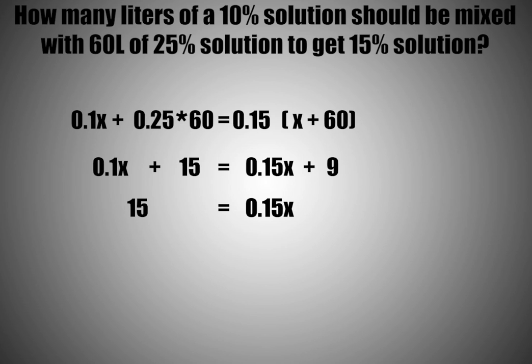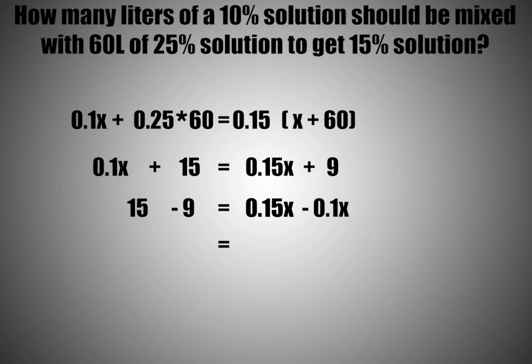Now, we have to move all terms with variables to the right side and the other numbers to the left side of the equal sign. Since we are going to move 0.1x to the other side, crossing the equal sign, it will become negative 0.1x. And the 9 that we are going to move to the left side of the equal sign will also be negative. So we will have 15 minus 9 is equal to 0.15x minus 0.1x.